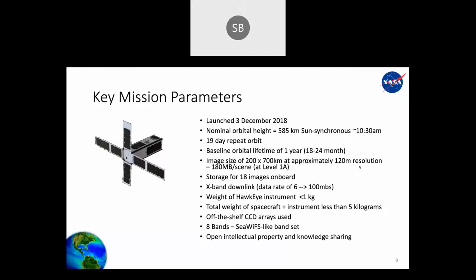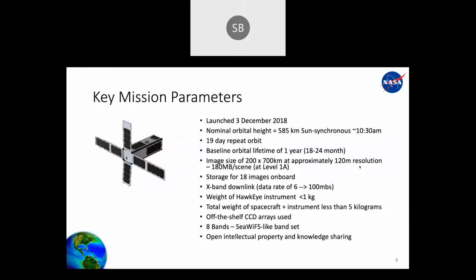The image that we get from the SeaHawk sensor is approximately 200 by 700 kilometers in size, with a resolution of roughly 120 meters. Each one of these level 1 scenes that we get is approximately 180 megabytes in size. We're capable of storing 18 of those images on board, which means that if we were to want to collect any more data, we have to download those data. 180 megabyte scenes is quite beefy for this little spacecraft to pump down using S-band data, which is typical, or UHF data, which is typical for many CubeSats.